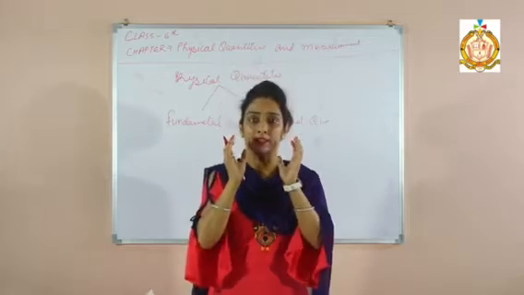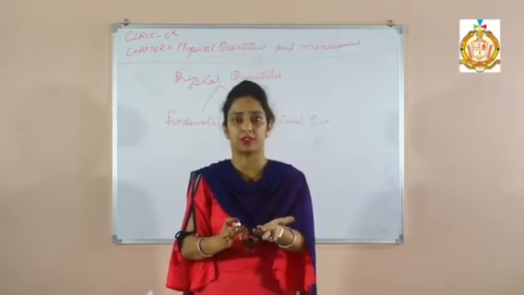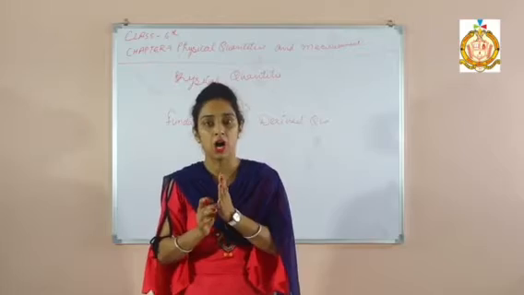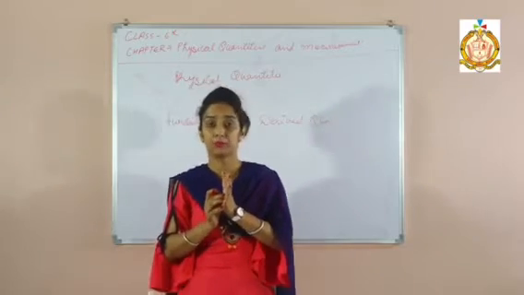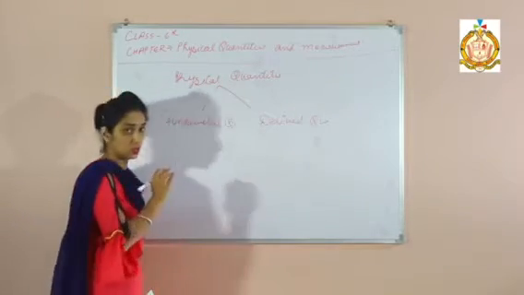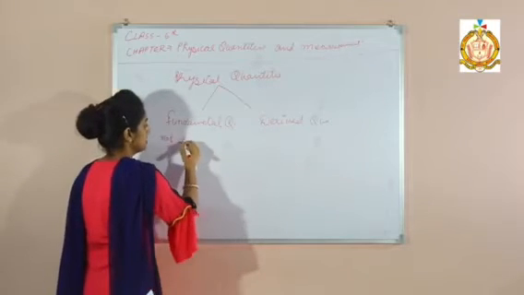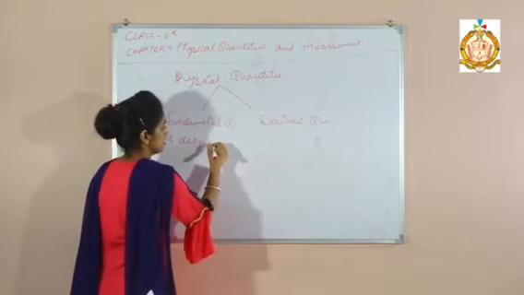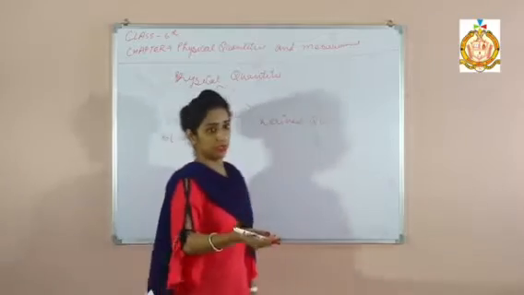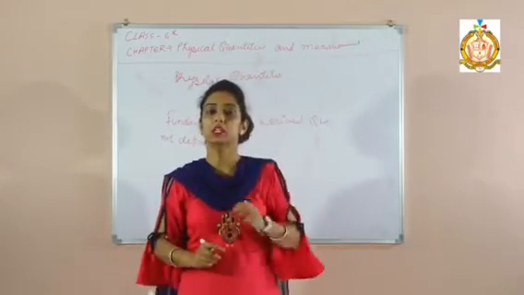Like length. Length is a quantity which does not depend upon another quantity. Length, mass, time, temperature, these are fundamental quantities. So those quantities which are not dependent on another quantity are called fundamental quantities.